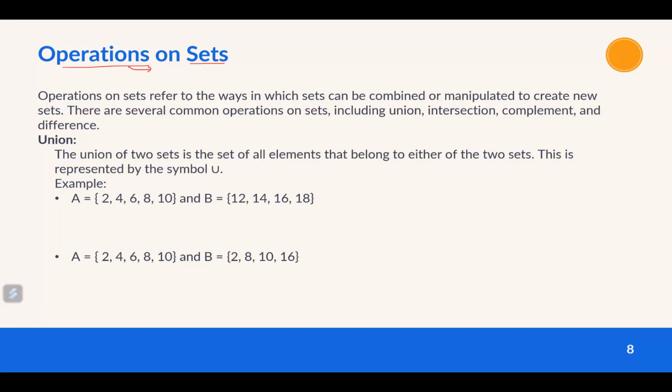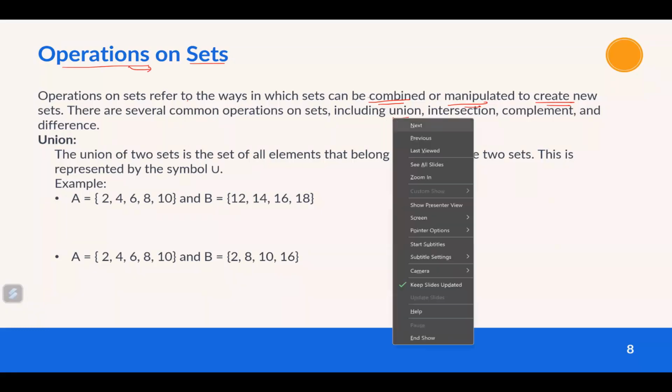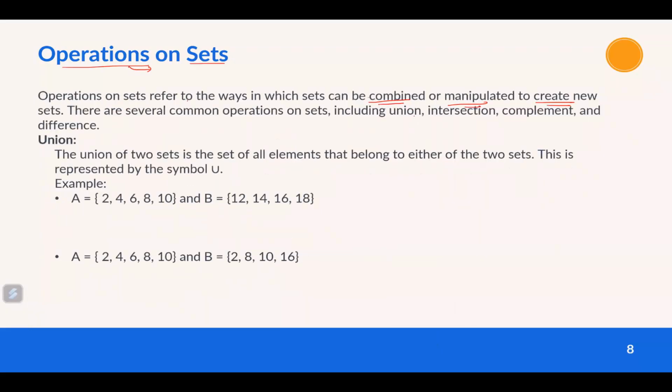Operations on sets refer to the ways in which sets can be combined, manipulated, or created anew. These operations on sets can be of different kinds. It can be a union operation, an intersection operation, a complement operation, or a difference operation. So we have to understand what these different operations on sets are, right?